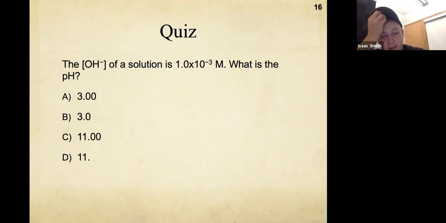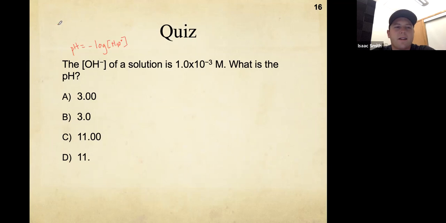All right, so the OH minus concentration of a solution is 1 times 10 to the negative 3. What is the pH? All right, so we've talked about pH is equal to the negative log of the hydronium concentration. Well, we're not given hydronium concentration in this problem, but we also know that the hydronium concentration and the hydroxide concentration together equal 1 times 10 to the negative 14.